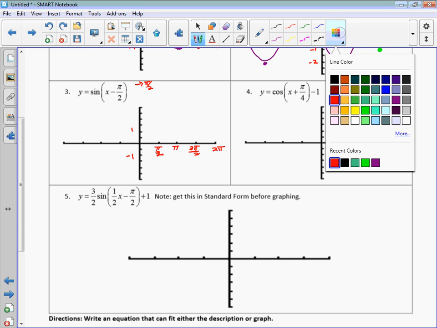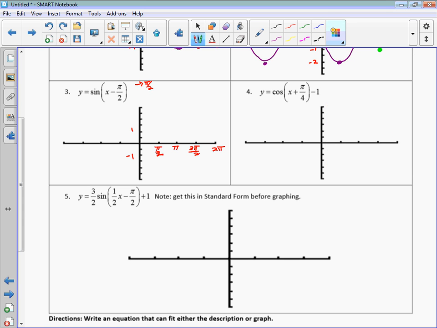In my lovely neon green here, I'm going to do just the parent graph points. Just as a reminder, we're on sine again. And guys, I'm going to do the ones on the left side too.